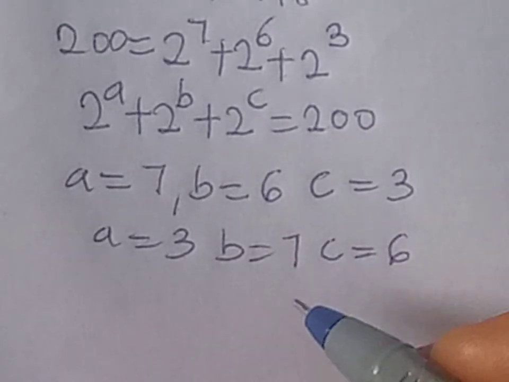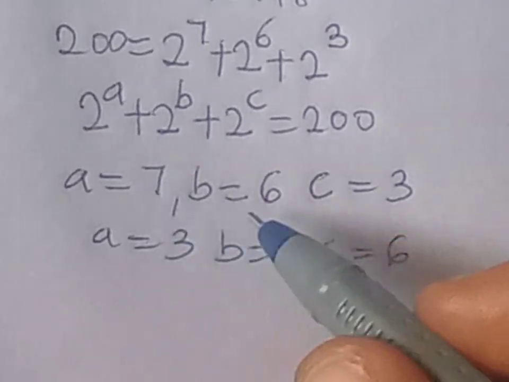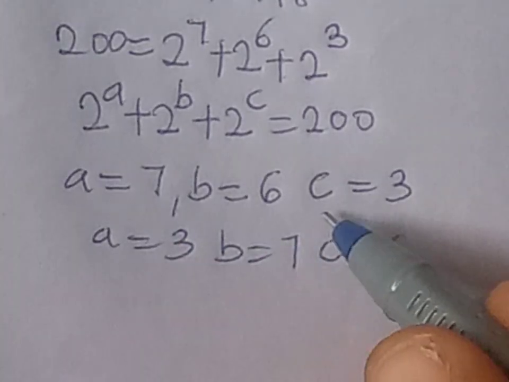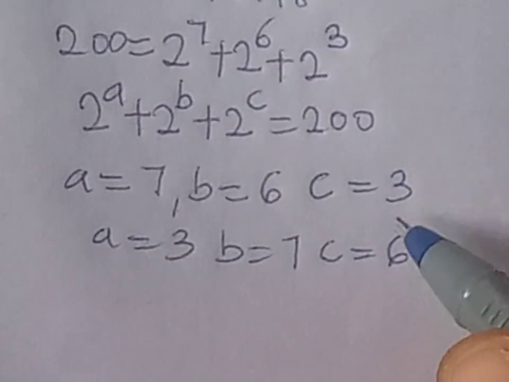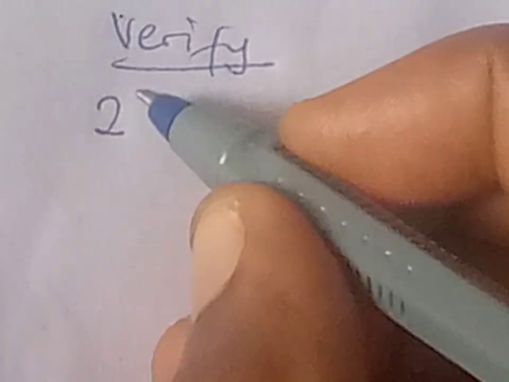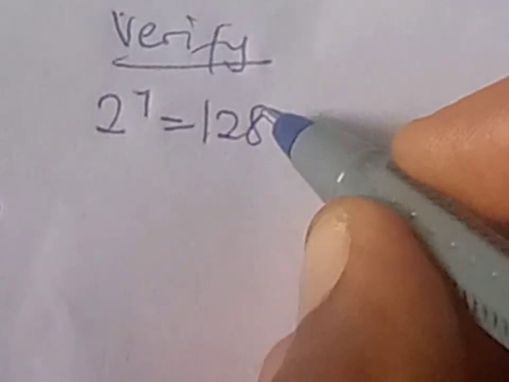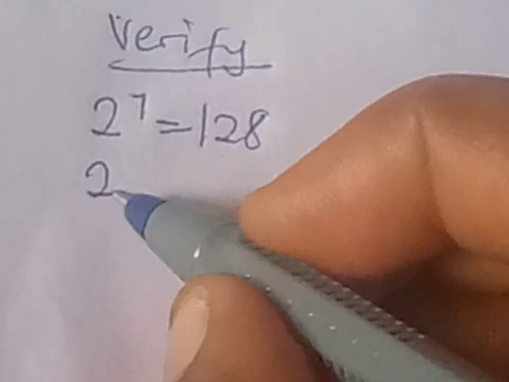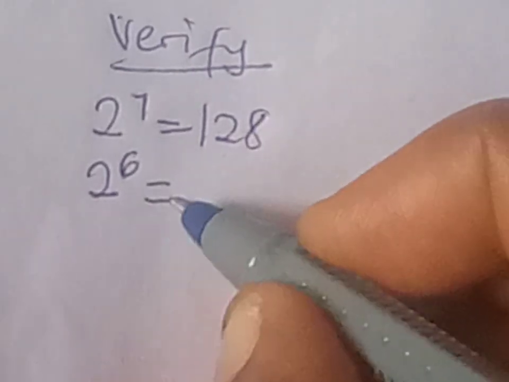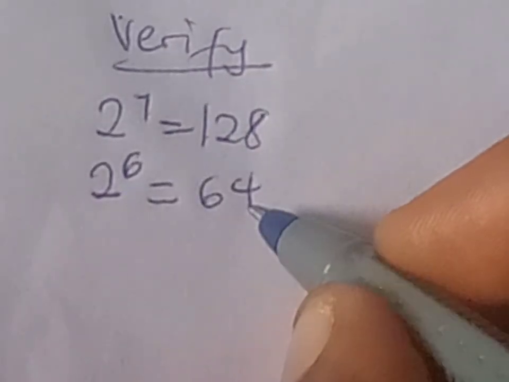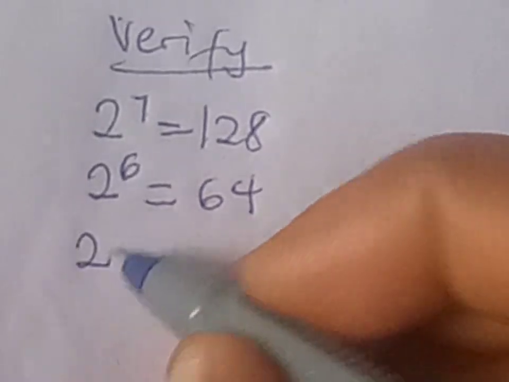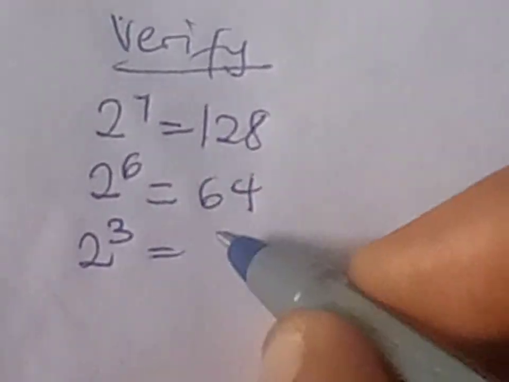Now let's verify if our A equals 7, B equals 6, and C equals 3. Let's verify. Firstly, 2 raised to the power of 7 equals 128. Next, 2 raised to the power of 6 equals 64. And finally, 2 raised to the power of 3 equals 8.